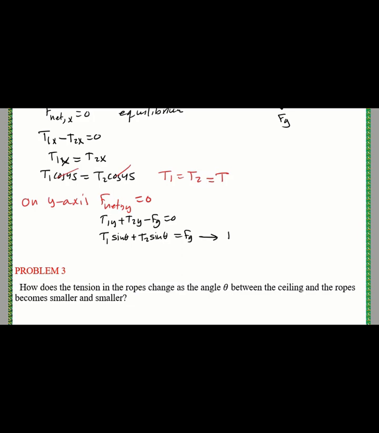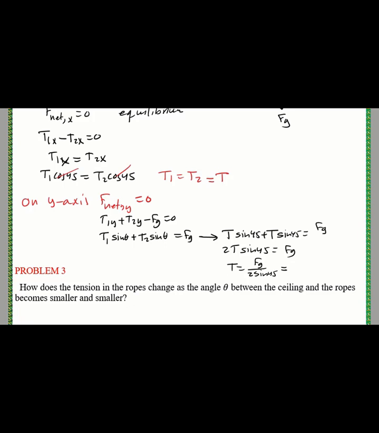We agree that T1 is T, sine 45, plus T2 is also T, sine 45, equals Fg. So 2T sine 45 equals Fg, then T equals Fg over 2 sine 45.